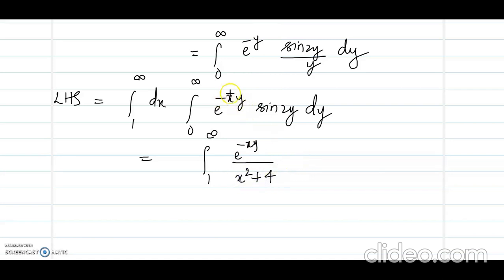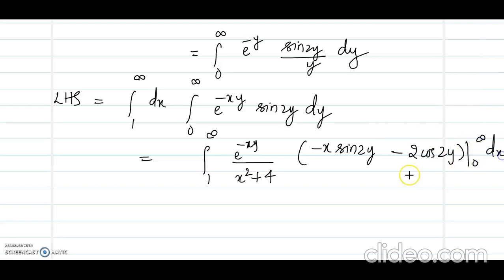In place of a we will have minus x and in place of b it will be 2. a square plus b square will be x square plus 4. Then we will have minus x sin 2y minus 2 cos 2y. So the limit is from 0 to infinity, and we will have dx. Now once we apply the limit, we are going to get 2 by x square plus 4 dx.